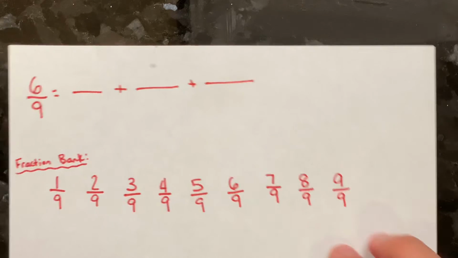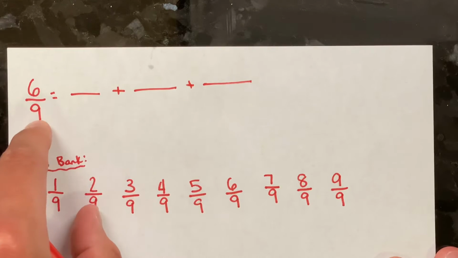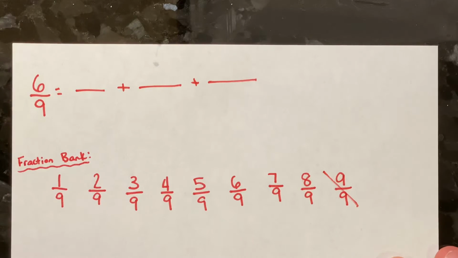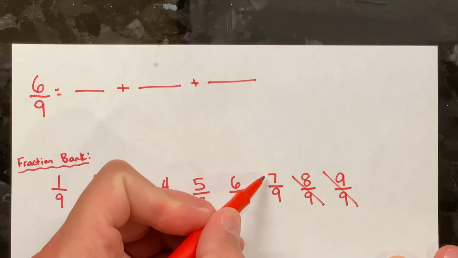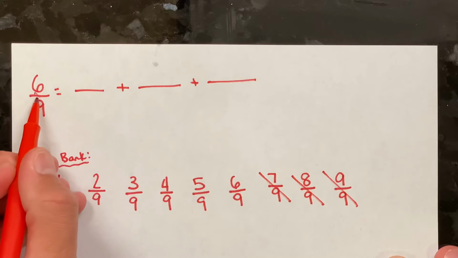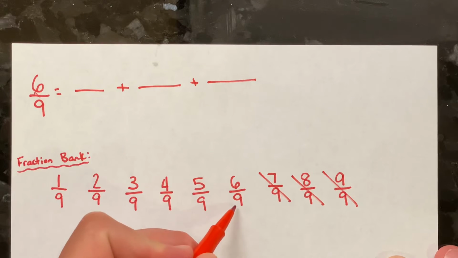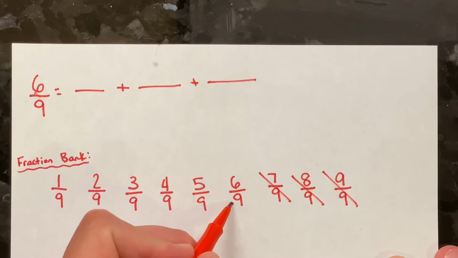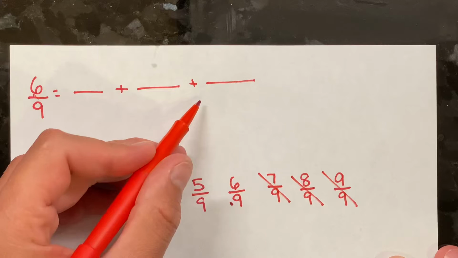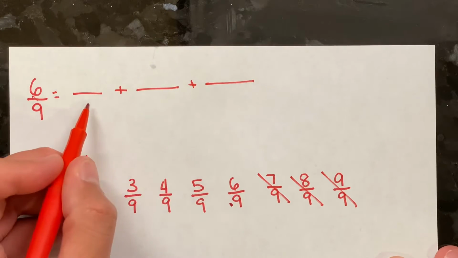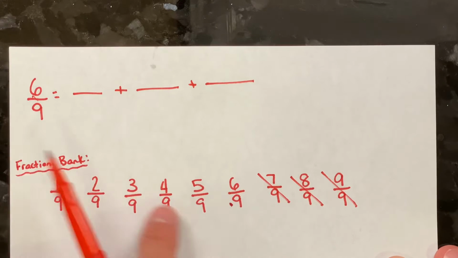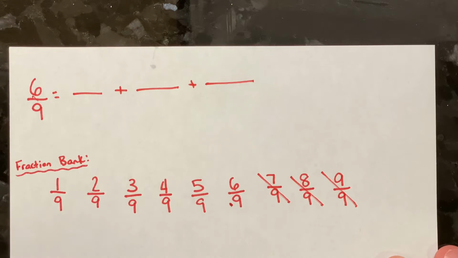So I could already look down here and recognize that if my total is going to be 6/9, does 9/9 even make sense to use? Absolutely not. Same goes with 8/9, same goes with 7/9, and I say that because they're all already larger than the numerator of 6. Now 6/9 looks pretty good, but if I put 6/9 down, I haven't really decomposed it, and I can see that there are 3 blanks, which means that the computer is going to want me to take 3 different fractions to make it add back up to 6/9.